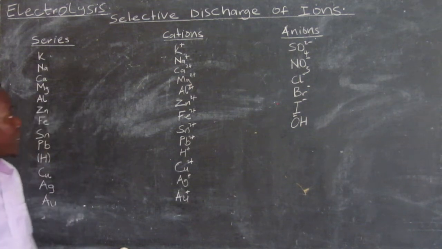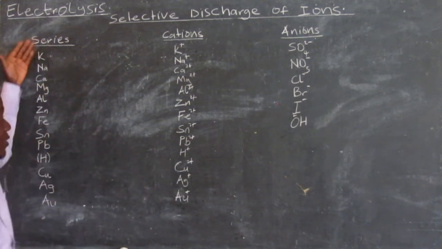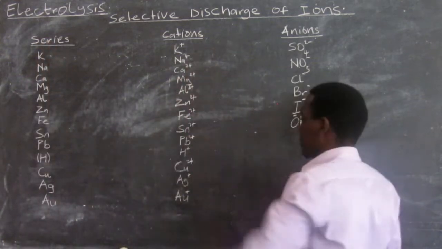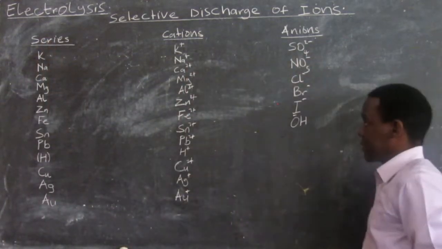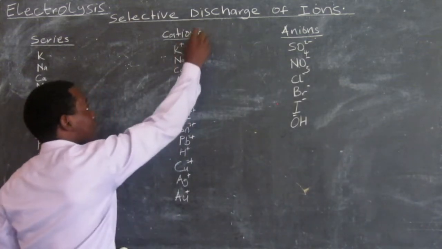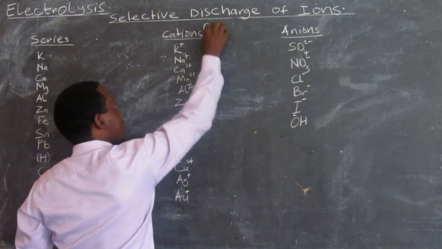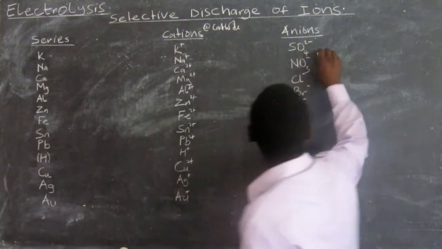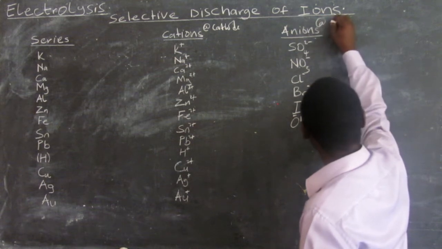Now, in this case, I have the reactivity series of my elements. As you can see here, I have my cations and I have my anions. What you understand is the cations go to the cathode to be discharged, whereas the anions go to the anode.